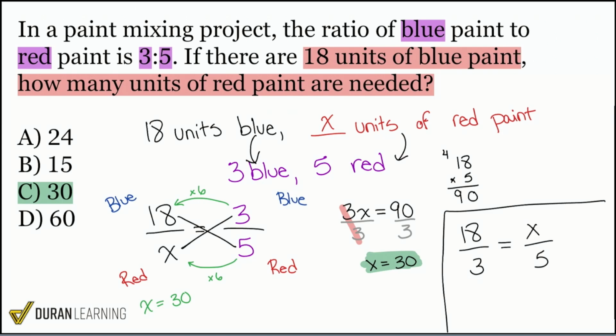Because the comparison is blue to red, left to right, blue to red, left to right. So you could have gone ahead and set it up this way as well. You'll still get the same exact answer.